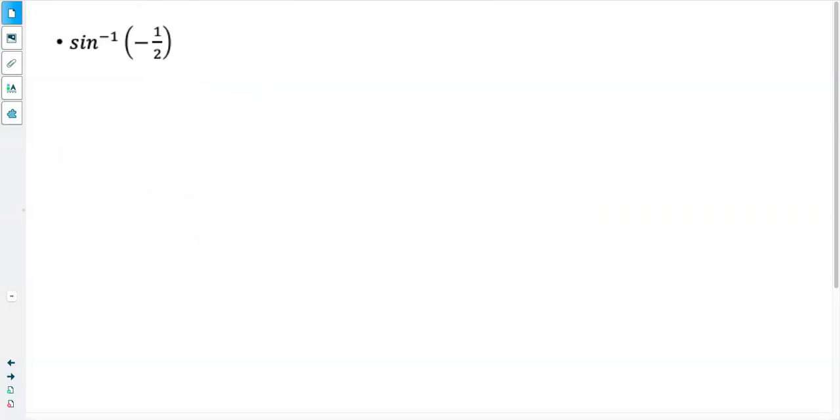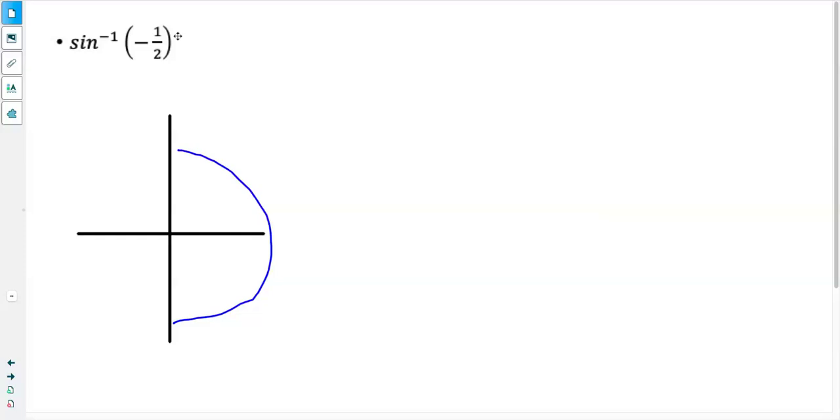That's when we've got sine negative 1 of negative 1/2. So same idea, where if we were to have, say, our unit circle, the domain we're dealing with is over here. Now this is the same as opposite over hypotenuse. So our hypotenuse is always positive.